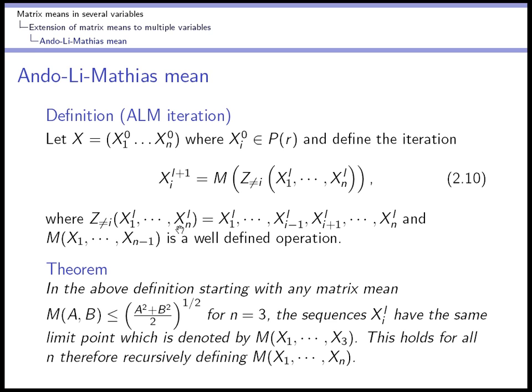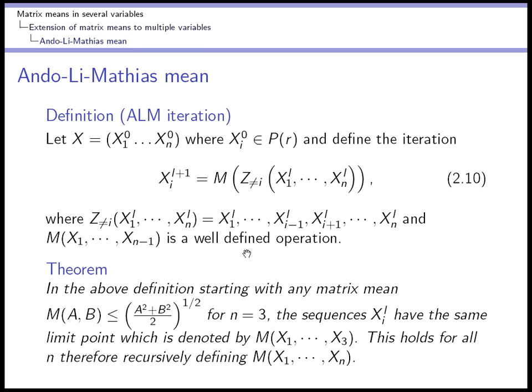It takes an n-tuple and leaves the ith term out. Now, we suppose that we have a sufficient definition of an n-1 variable mean. Then there are n possible such combinations, so we take their mean. We have again n operators, and this can be done recursively.